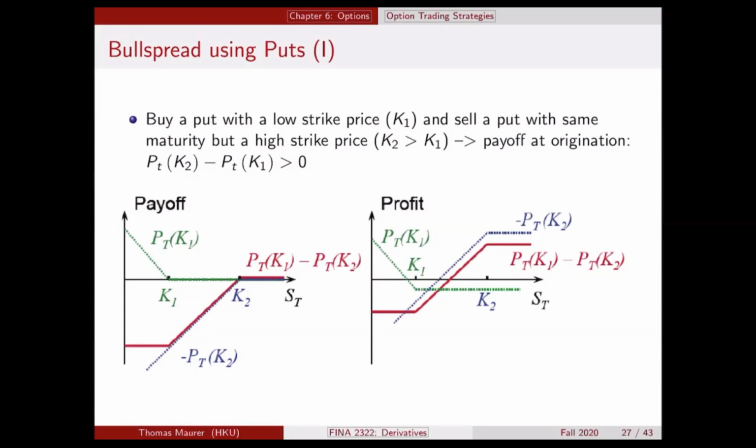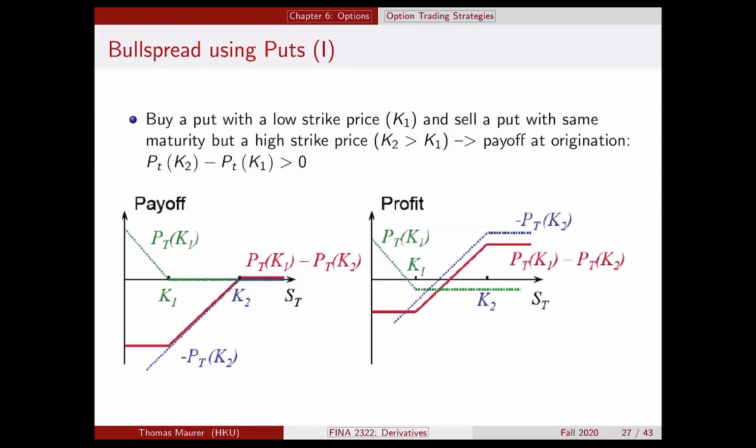For your profit diagram, you actually pay less money for the put option with a low strike price than the money which you receive for the put option which you sell with the higher strike price, and therefore your combined payoff, this red line over here, shifts somewhat up, and again you're going to end up with a loss if the price of the underlying decreases sufficiently, but you make a gain if the price of the underlying increases sufficiently.